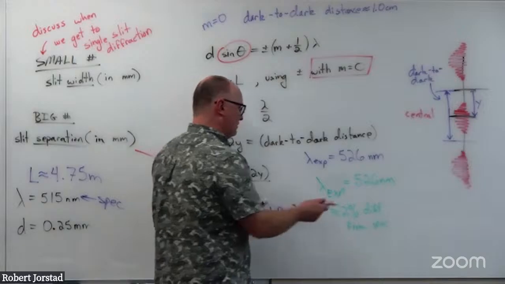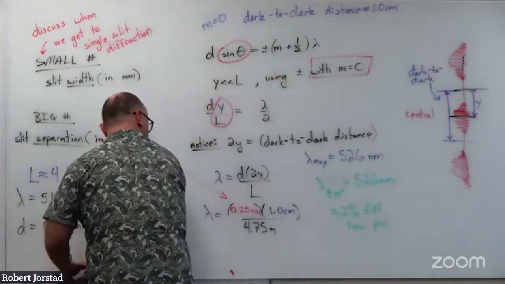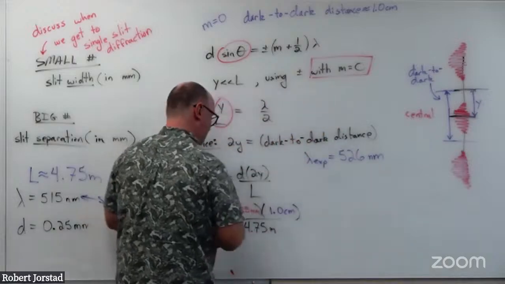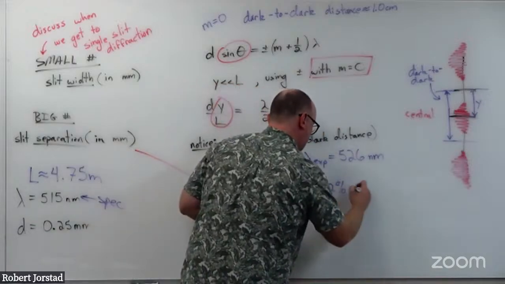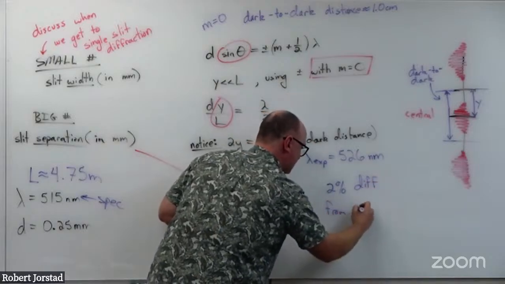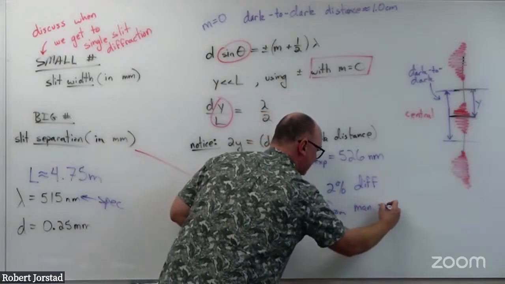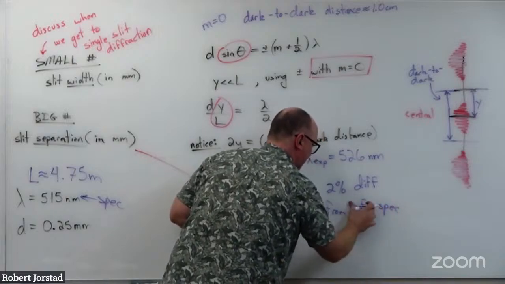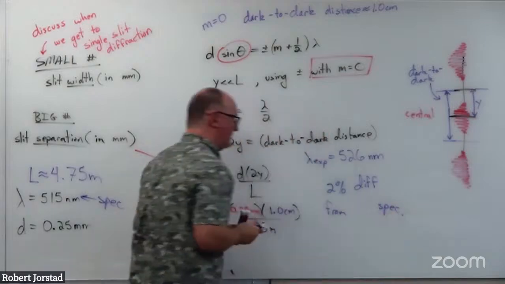That's only a 2% error, and because you can't read the screen, I might as well erase it. That's a 2% difference from manufacturer's spec. Whatever, from spec, all right?